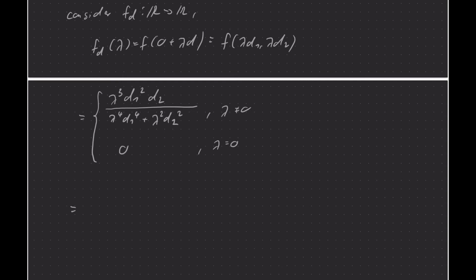Okay, and we can simplify this a little. As you can see here, lambda squared cancels out, so we do just that and get a simpler expression. One lambda remains in the numerator, so we have lambda d1 squared d2, and for the denominator we get lambda squared d1 to the fourth plus d2 squared, again for lambda not equal to 0, and 0 for lambda equal to 0.